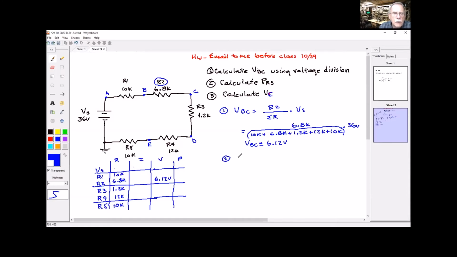If I solve for the current, the first thing I need to do is calculate RT. So REQ is going to be R1 plus R2 plus R3 plus R4 plus R5. So I've got 10K plus 6.8K plus 1.2K plus 12K plus 10K.